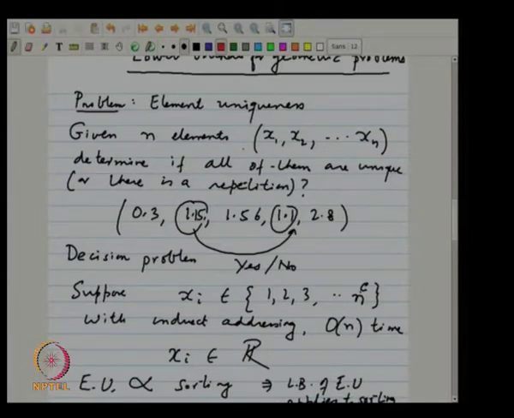So, now for a moment just think about the input as a single point in n dimensions. We have an n tuple. I can consider this n tuple as one point in n dimensional space. Right. So, what do we gain by that?